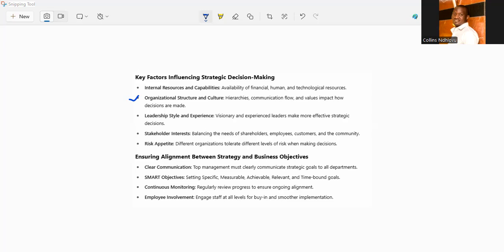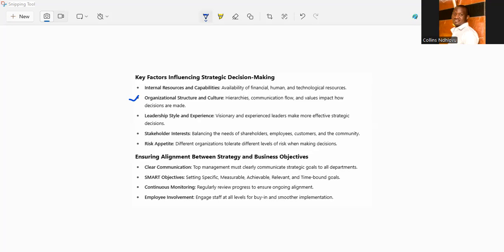Where you have a fragmented culture, this may lead to some confusion, may lead to some misalignment in strategic decisions. Okay, so you need to give examples of your workplaces in a scenario where such is done.